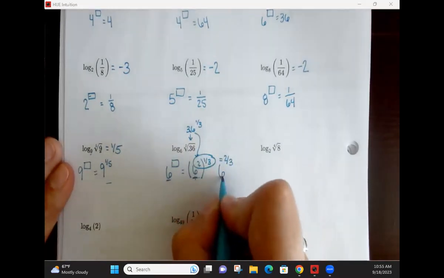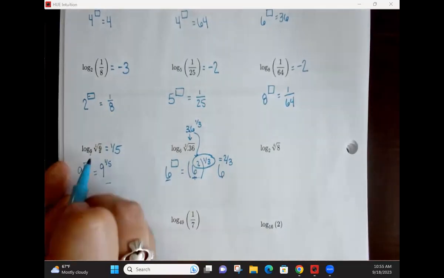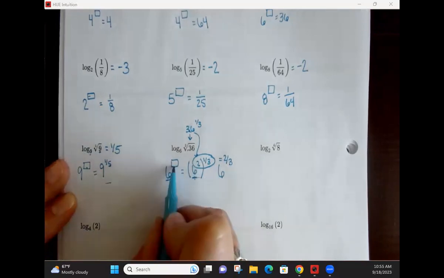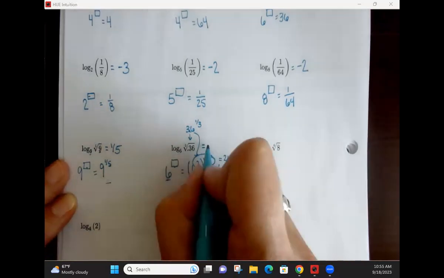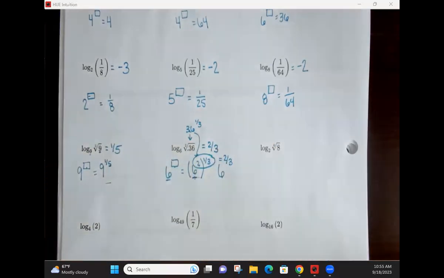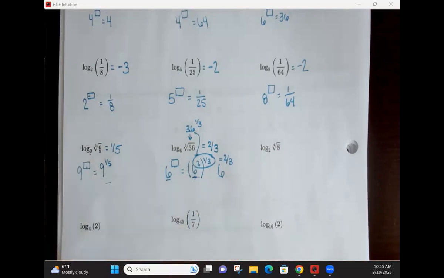This would be 6 to the 2/3 power. So just like over here, where the exponents had to match, the exponents have to match. So this would be 2/3. This is a trickier problem. This is a tougher problem because I have to rewrite and apply those exponent rules.